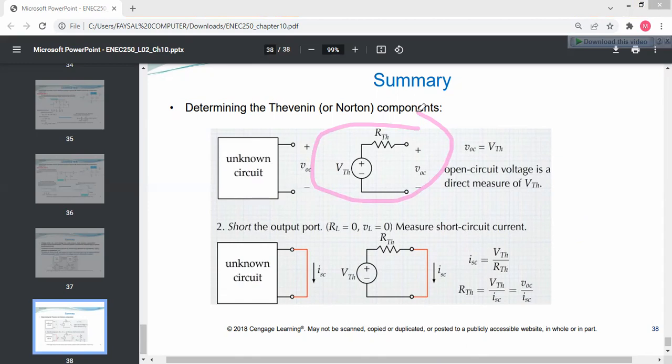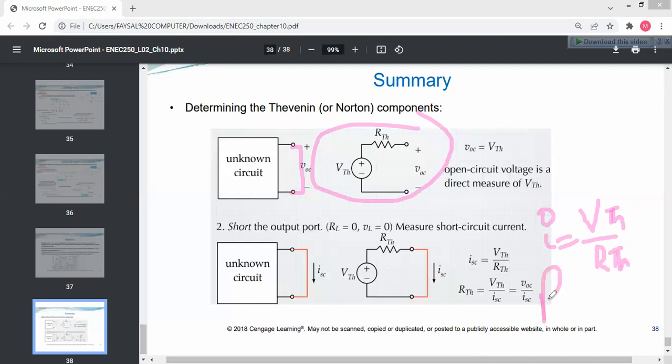Now, when there is a short at the output. What is the meaning of short? This means the positive terminal is connected to the negative terminal and there is a flow of current. So there must be a current from the source, I equals V upon R, which will be V Thevenin divided by R Thevenin.